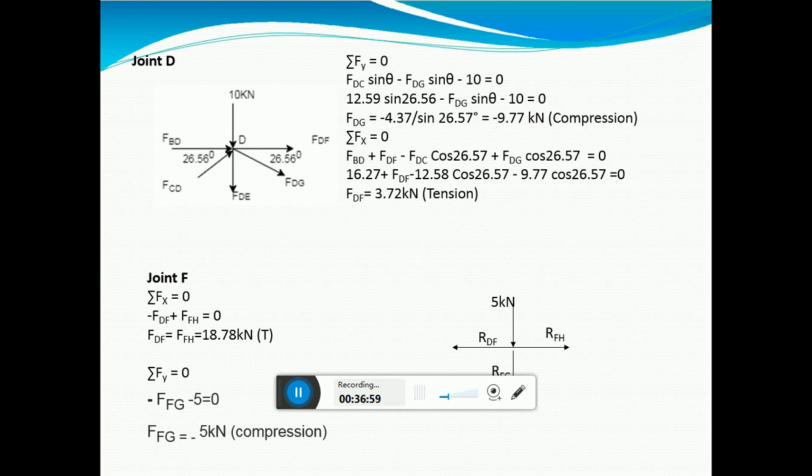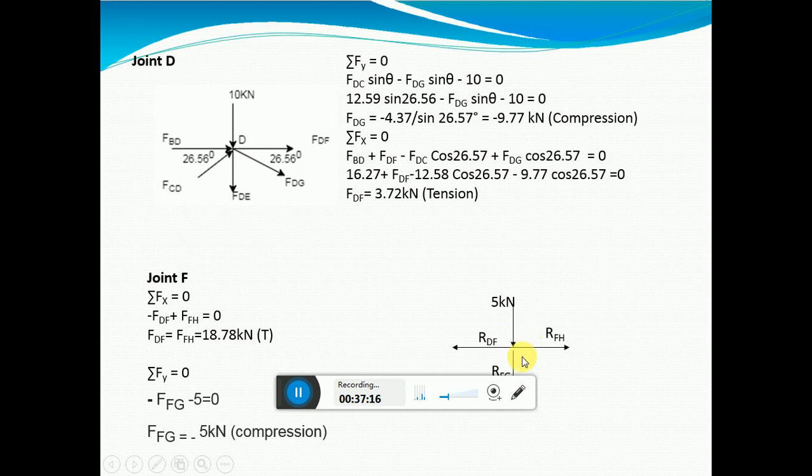So there are two more joints which we have left out, that is joint D and joint F. Why are we considering them last? See, if you look at the figure, joint F doesn't have many members.